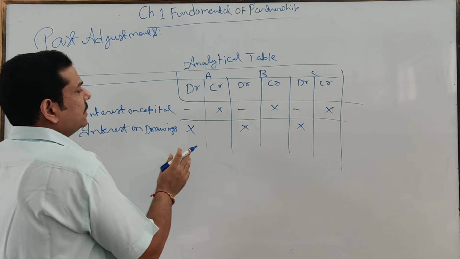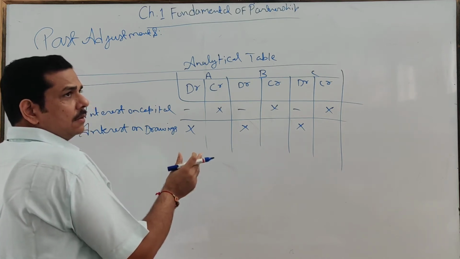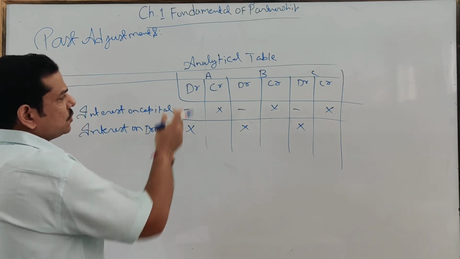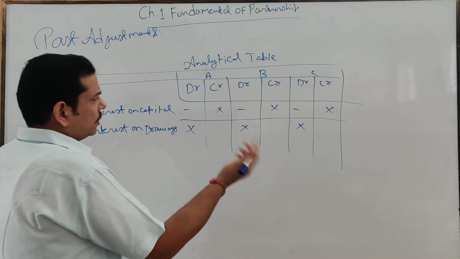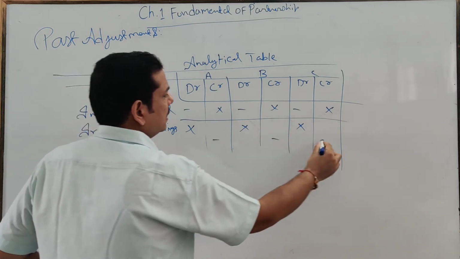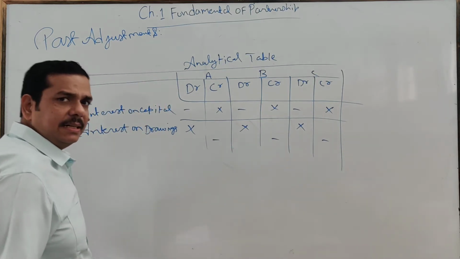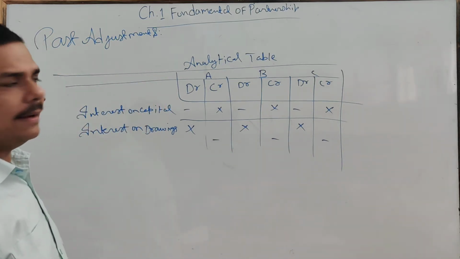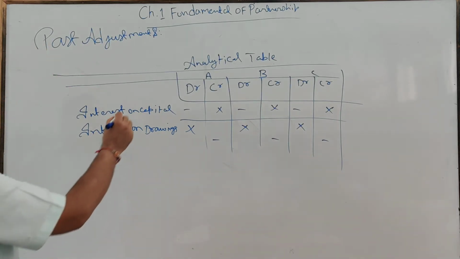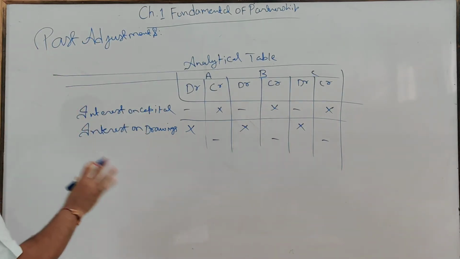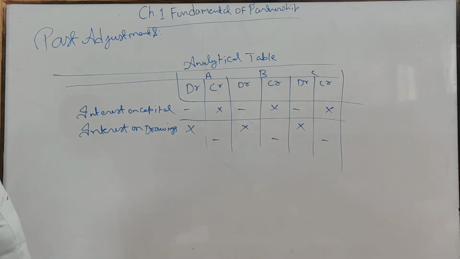Because this is an expense of the partners and income of the firm. So first write it on the debit side. Now in order to adjust it, write it on the credit side. Afterward adjust it and pass the final entry. In this way, the analytical table is prepared for every type of income and every type of expense. This is the simple formula. Now we solve one example.